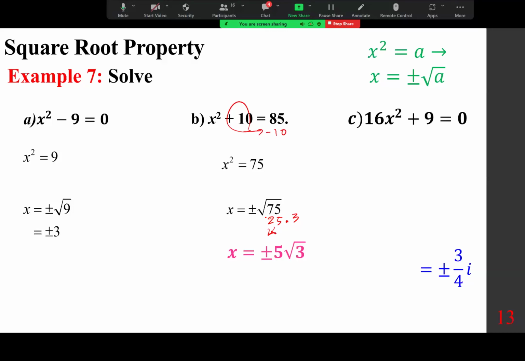All right, we want to do this. 16x squared plus 9 equal to 0. We're going to move the 9, and we're going to divide by 16. And x is plus minus the square root of negative 9 over 16. So plus minus 3 over 4.